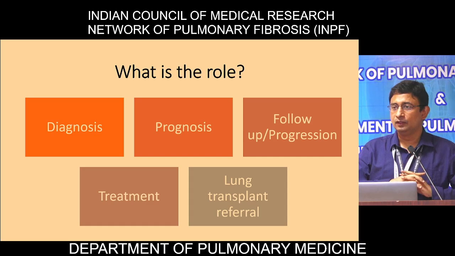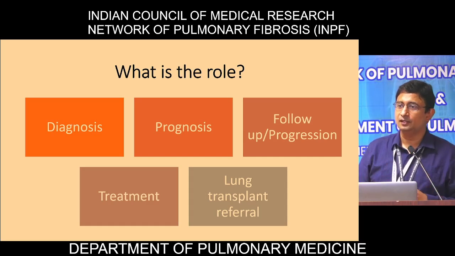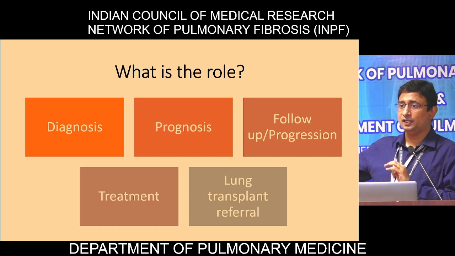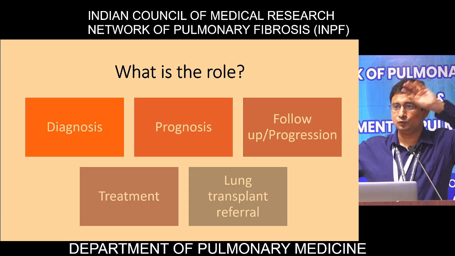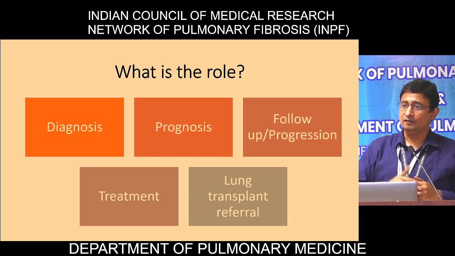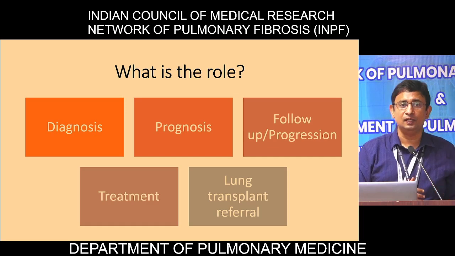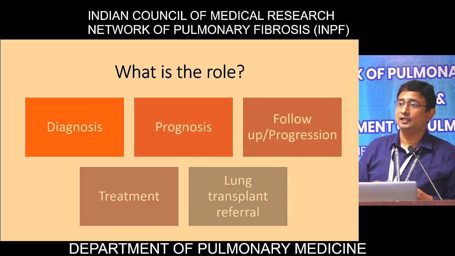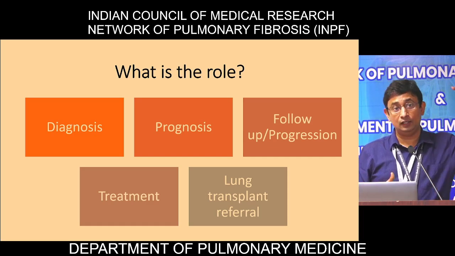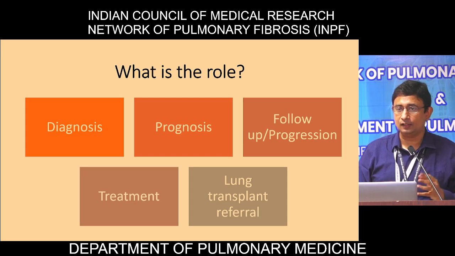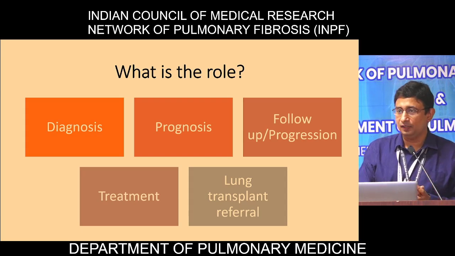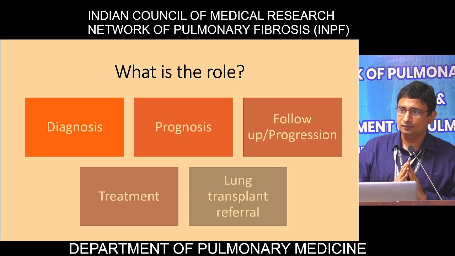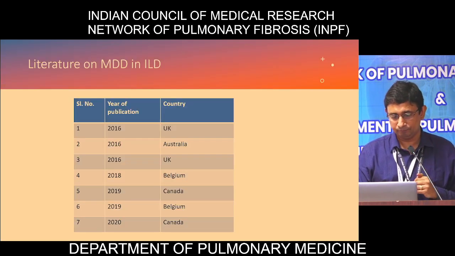Those are from the Western population, where the transplant centers are independent centers, and unless the pulmonologist center refers to the transplant center early, they've had instances where patients reach beyond the goalpost and nothing can be done. So to avoid that, referral is early. I think in our country, with a huge mismatch of number of ILD patients to transplants, we have to very judiciously look at when we should refer.